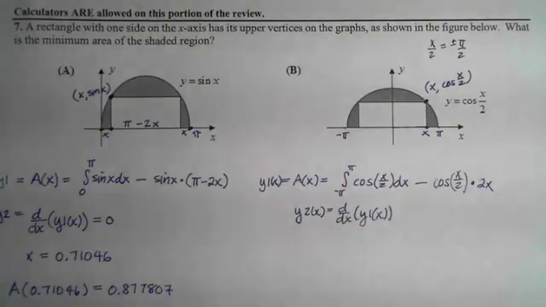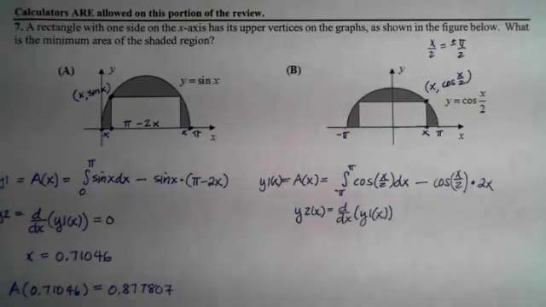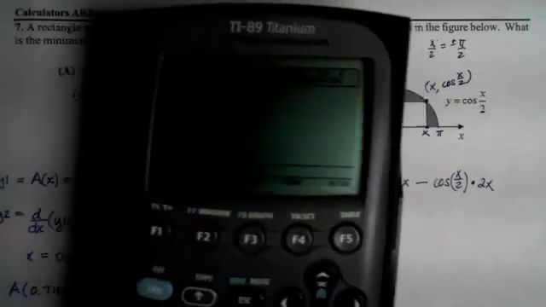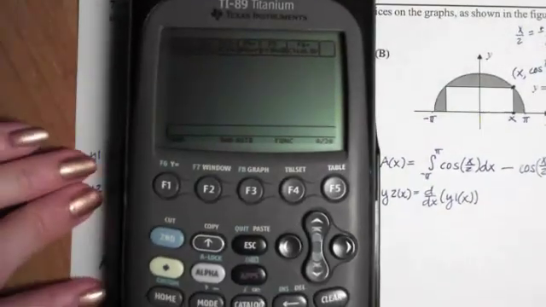Now my job is to figure out, excuse me, what this definite integral is before I try to put it in my y editor, because if I put it in my y editor, it's not going to work. So let's do this. We'll pull the calculator over.